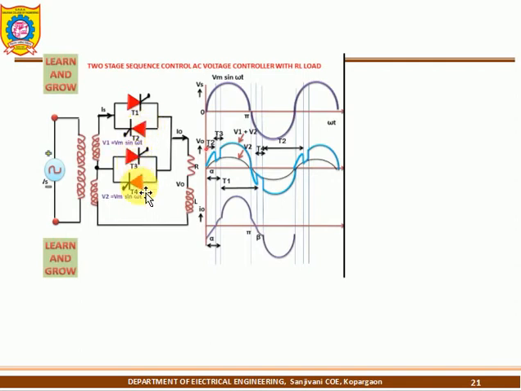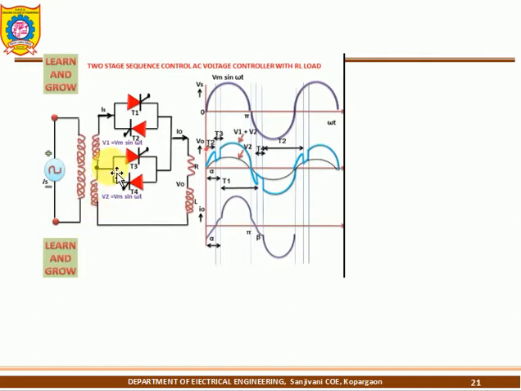How is it conducted? In the positive half cycle, I first trigger T3, and after that I conduct T1. Initially only T3 is conducted. For example, from here to here is 100%, but here to here is 50%.